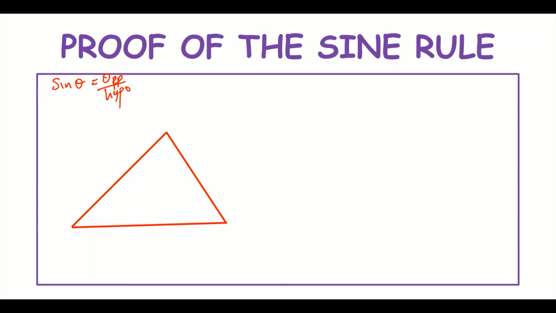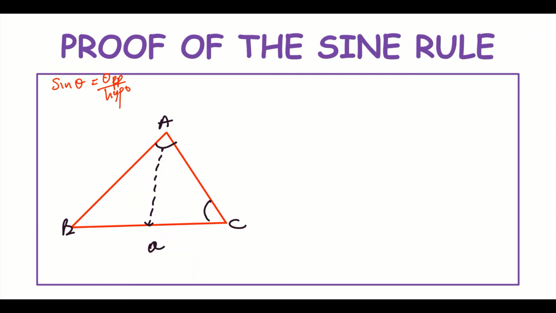Let's go ahead and label our triangle. If we have our triangle ABC, and we label our sides: if this is my angle A, the side corresponding to angle A is known as the side a.